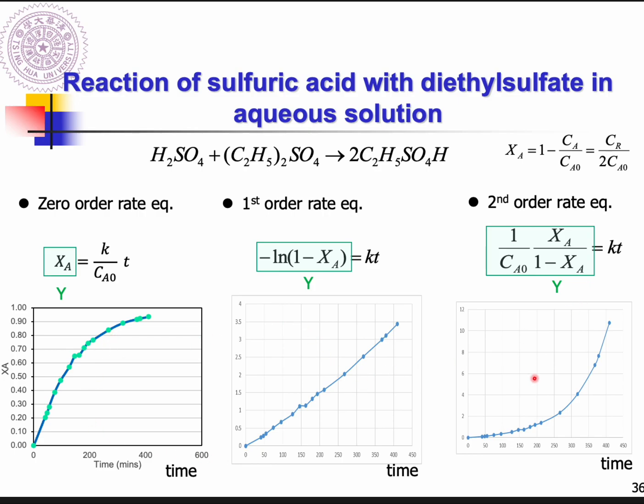So after testing, I'm convinced that this reaction belongs to first order rate equation. And don't forget the slope is k, right? So when I ask you to reconstruct the rate equation, you need to input the value of k and also the reaction order, to reconstruct the rate equation.